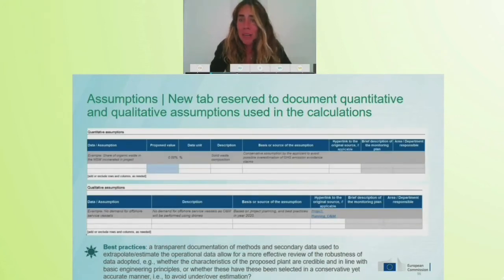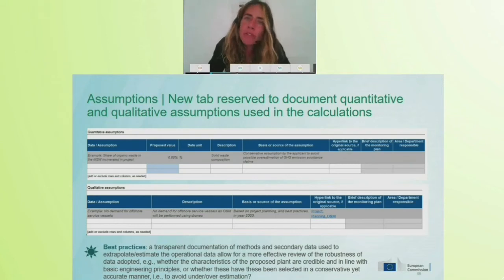On the assumptions, this is a new tab. I know we have emphasized since the beginning the importance of documenting and referencing all the assumptions adopted, but we still have received several applications with those already embedded in the calculations or scattered across the Excels. Some were informed just in the form B, so the evaluator would have to try to pick and match, or would spend much more time trying to figure out where data came from or refers to.